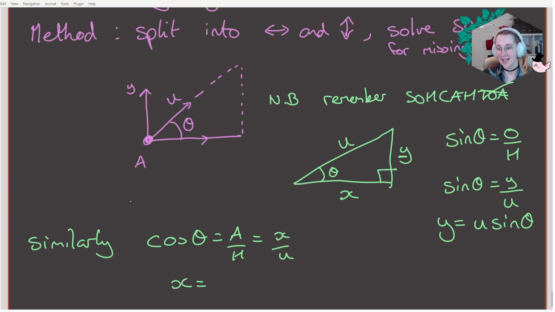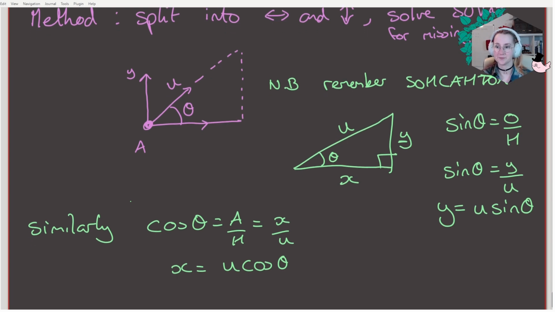So that gives us our x component of the velocity is u cos theta. Okay. So all we're doing here is taking that vector u in a given direction with some angle theta, and saying how much velocity it has upwards is u sine theta, and in the horizontal is u cos theta.